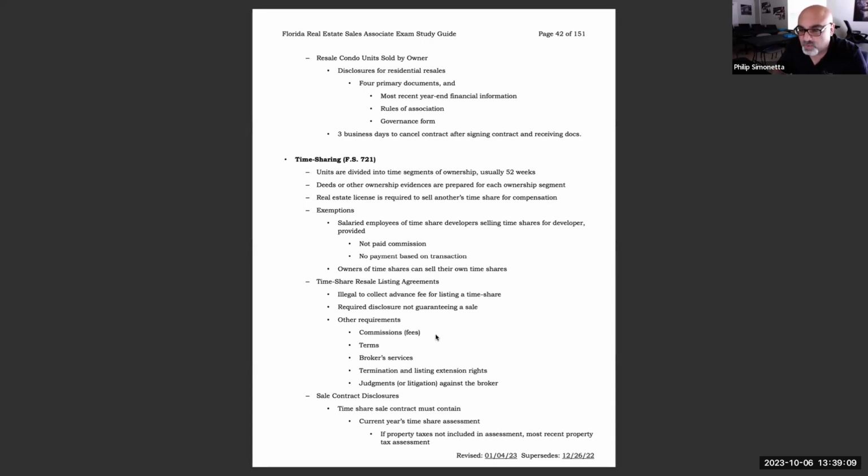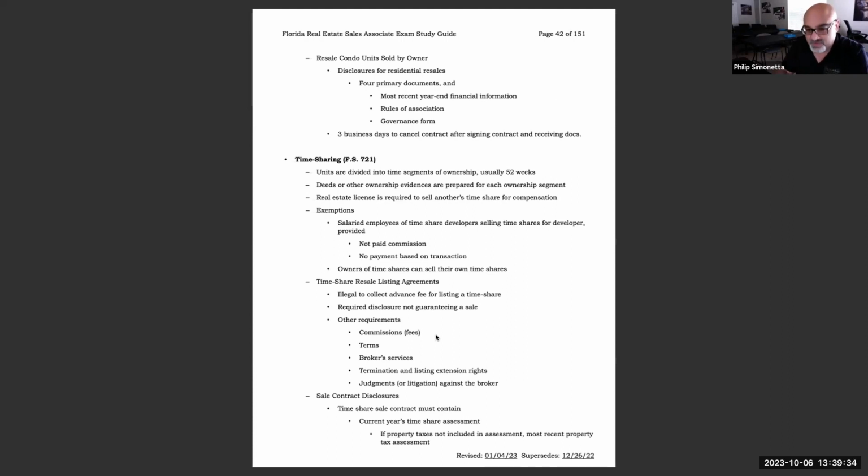A real estate license is required to sell another's timeshare for compensation. The exemptions are a salaried employee of the timeshare developer selling timeshares for the developer, provided they're not paid commission and not paid on a transactional basis. Owners of timeshares can sell their own timeshares without representation.